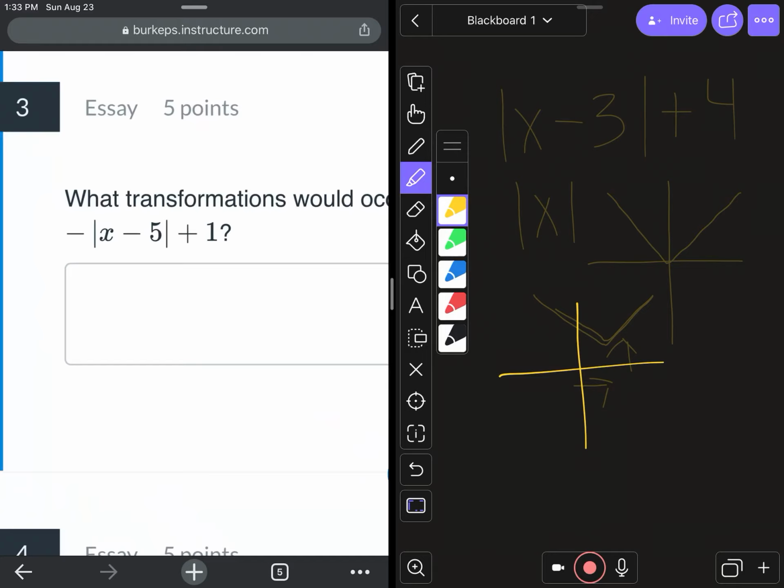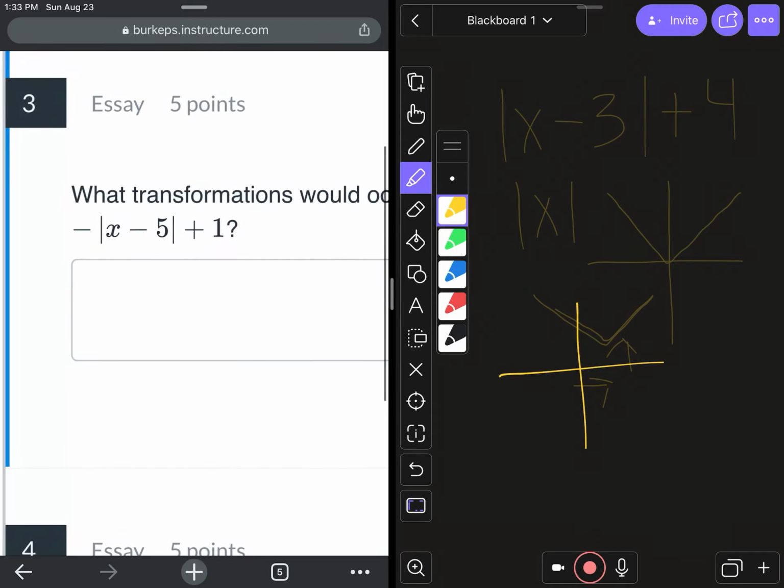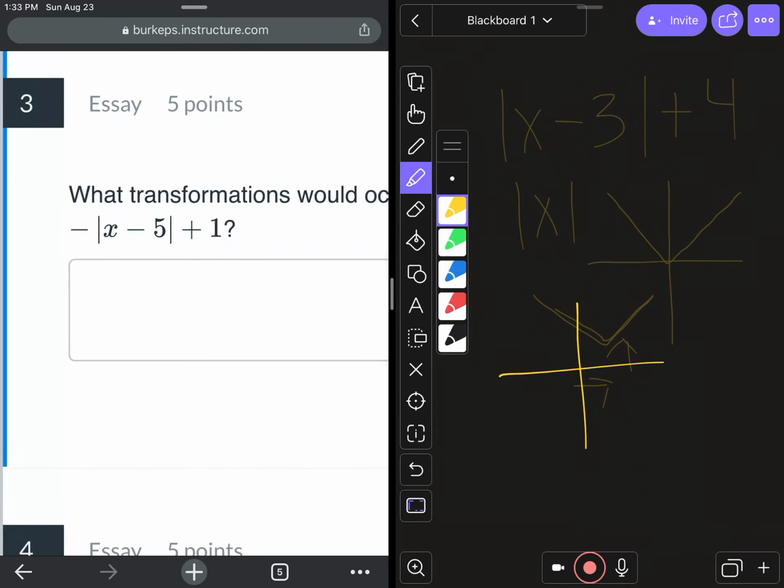So if you see a negative number in front of your absolute value, it's going to take your graph and flip it over the x-axis. So that transformation is going to flip it over the x-axis, shift it right 5, and shift it up 1.